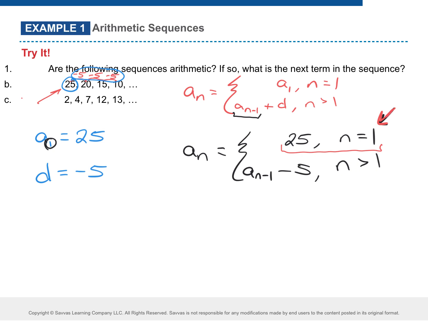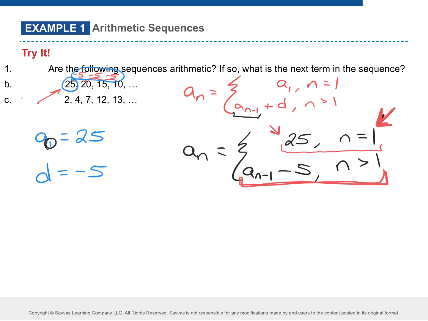No, because this is only for the first term. This bottom part is for all of the other values in the sequence. So this is your starting point, and this is for all the other values in the sequence. With this formula, all we're doing is writing it. The other formula is where we're going to use it.